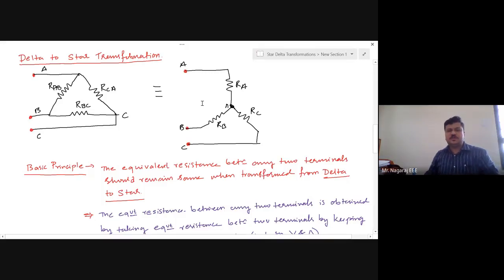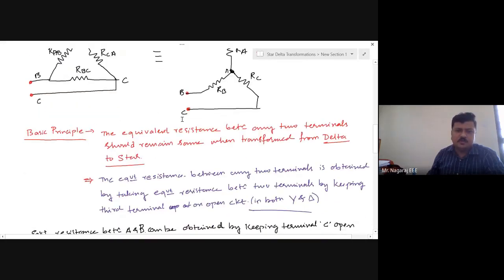To get the equivalent resistance between any two terminals, I keep the third terminal open circuited. Whatever equivalent values I get, I take them as the equivalent transformed values.